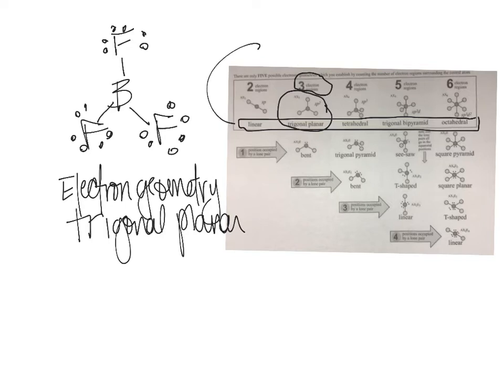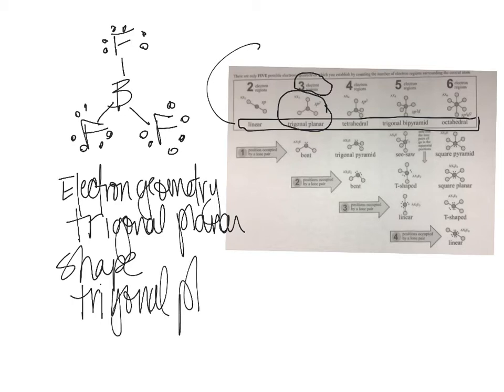All of the rest of the names can be shapes. So the shape in this case is going to be trigonal planar as well, because it has 3 atoms bonded to the central atom. Okay, so that's the second thing.